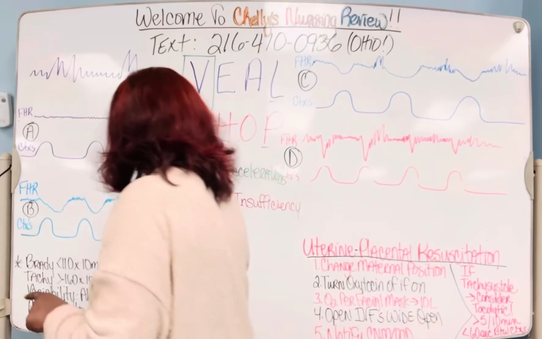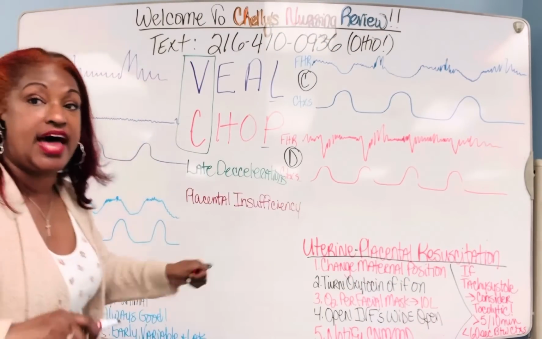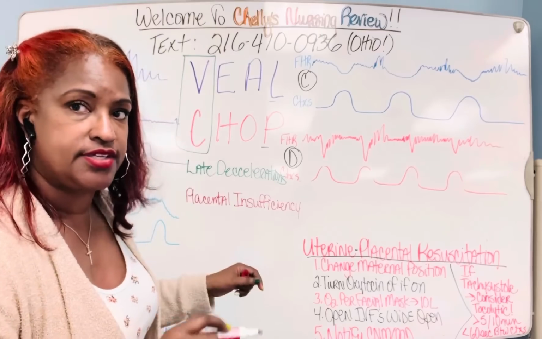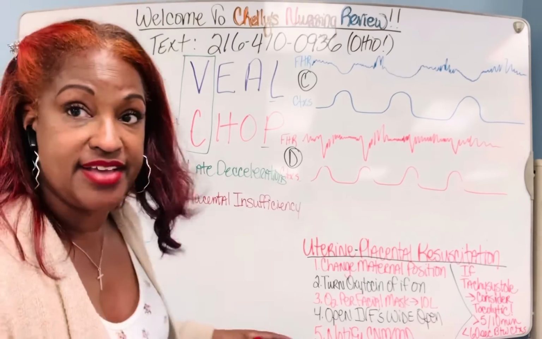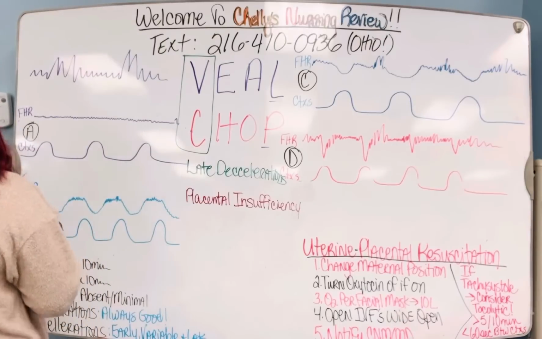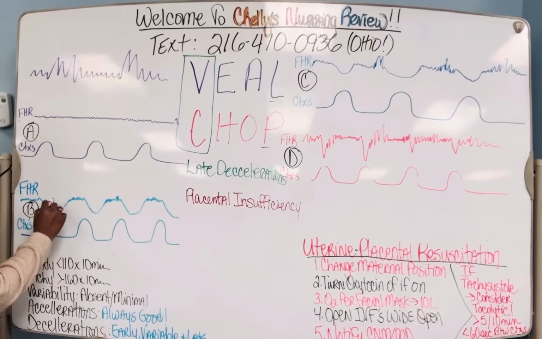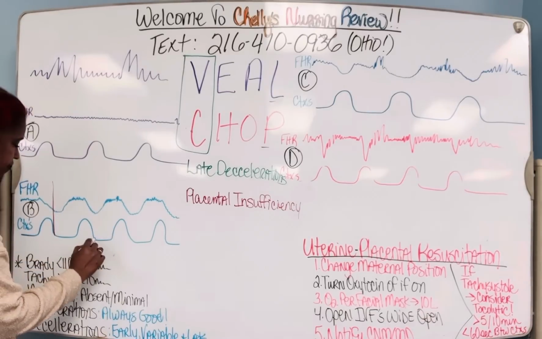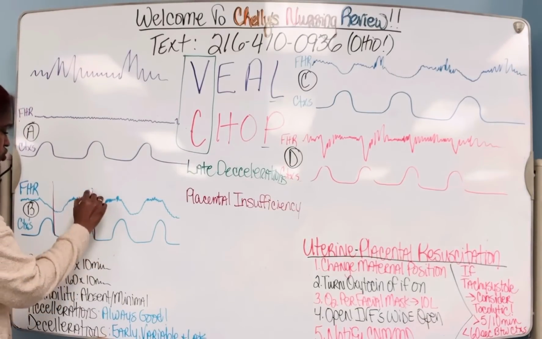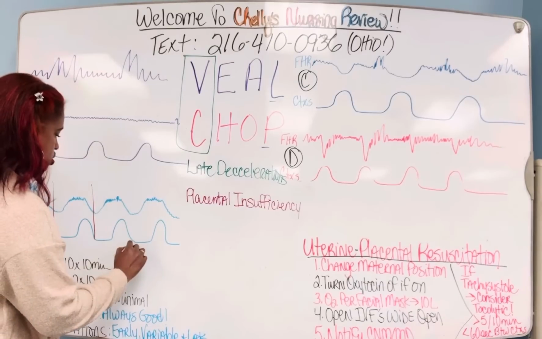Watch this. I watched a lot of my friends who are doctors do this and nurse midwives, and then I found myself doing it as well. If we really want to make sure we're correct that it's a late decel, all we have to do is draw a line at the end of the contraction and go straight up on the monitor strip.